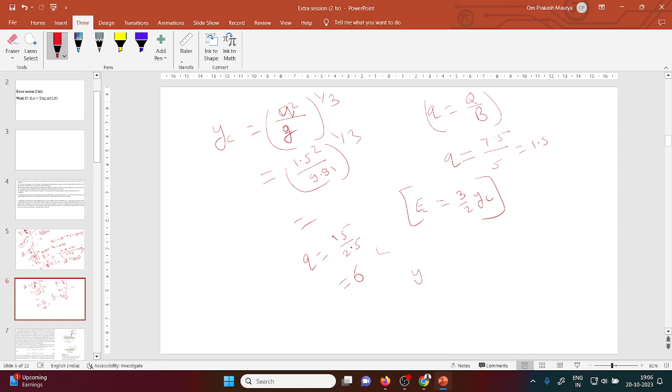So when you calculate yc, it is 6 square divided by 9.81, power 1 by 3. You will get 0.33, so here 1.54, right, sir? So this is also a mistake.